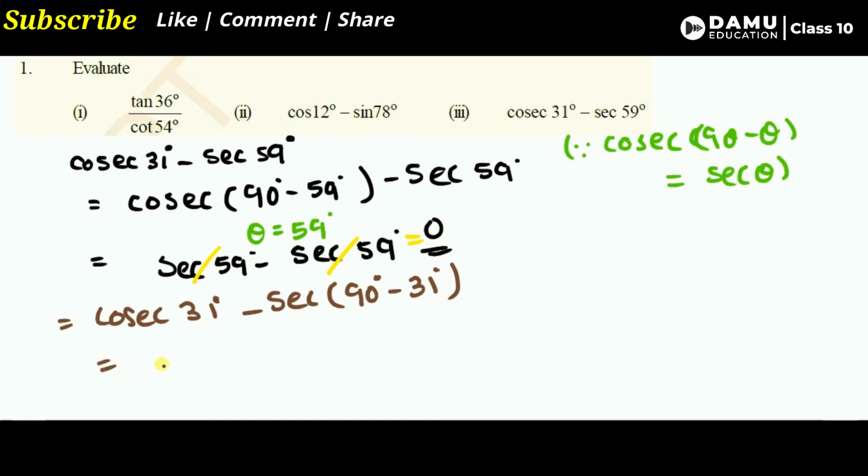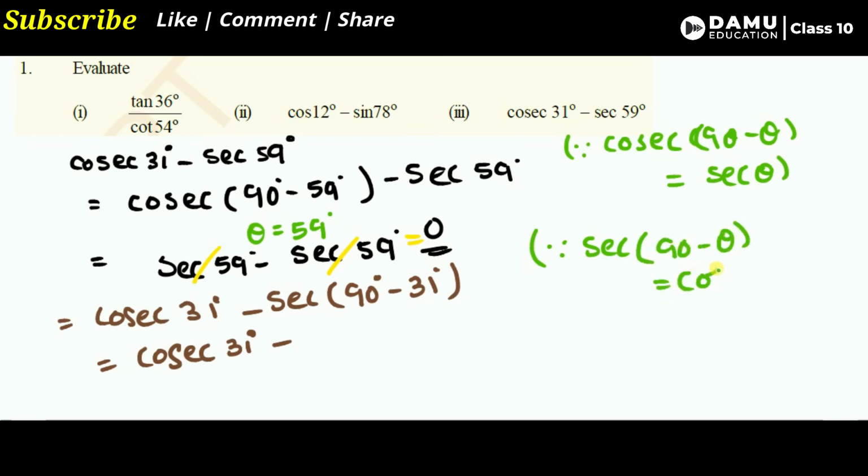Since secant of 90 minus theta gives cosecant theta, here theta is equal to 31 degrees, so secant of 90 minus 31 is cosecant 31 degrees. Both values cancel, and we get 0. So like this we need to find the given things.